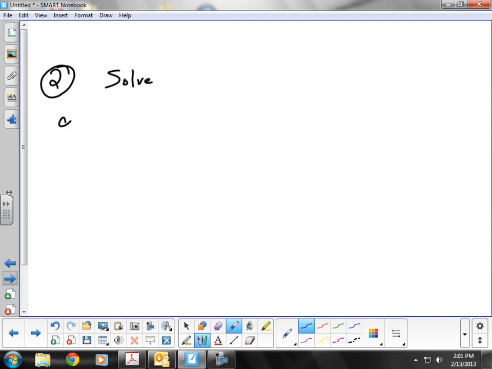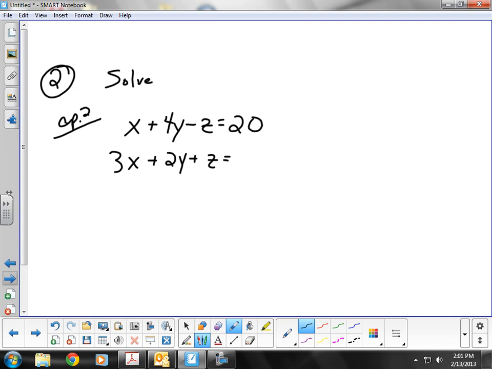So checkpoint 2, here's my system: x plus 4y minus z equals 20. 3x plus 2y plus z is equal to 8. And 2x minus 3y plus 2z is equal to negative 16.